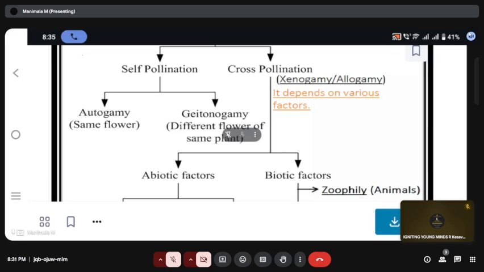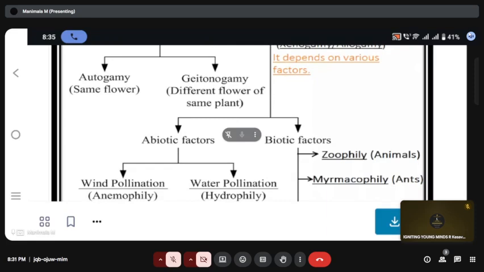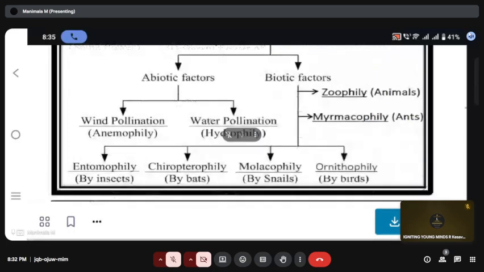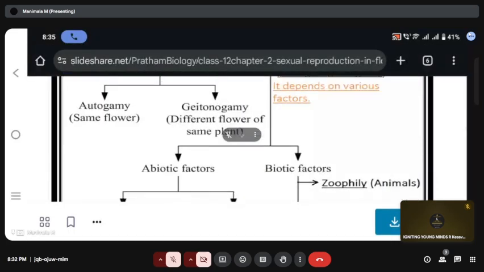So cross pollination is not possible; only self pollination takes place, and no pollinators are involved. Examples are Oxalis and Commelina, which bear chasmogamous and cleistogamous flowers.